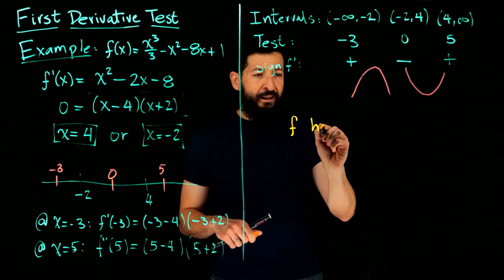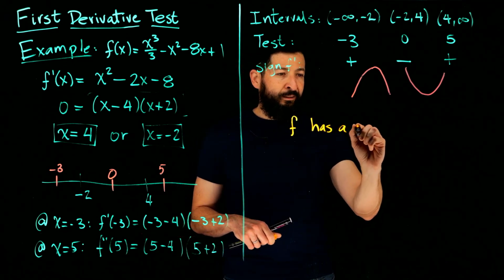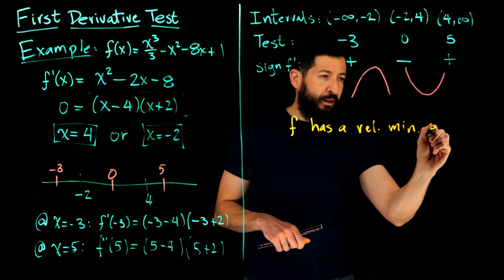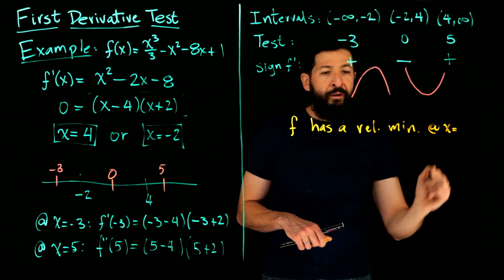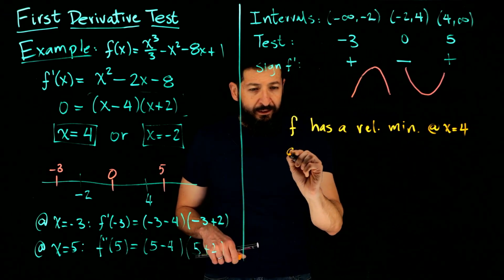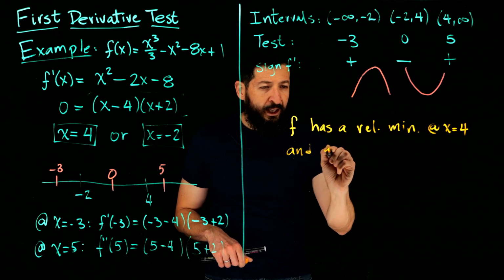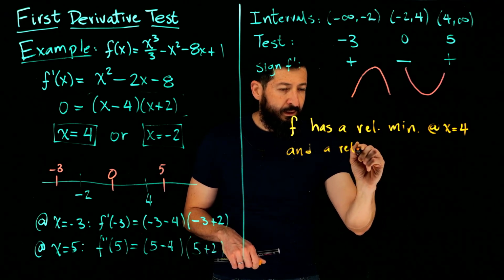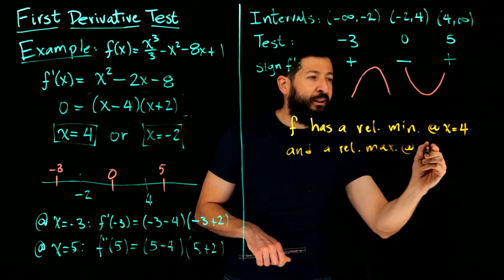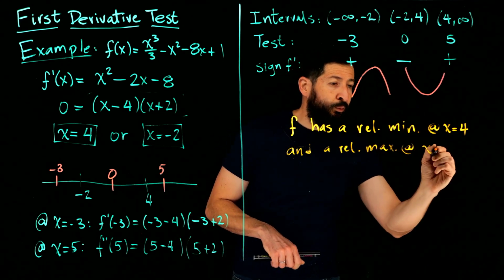F has a relative minimum at x equal to 4 and a relative maximum at x equal to negative 2.